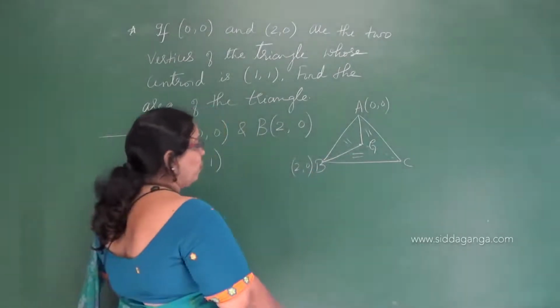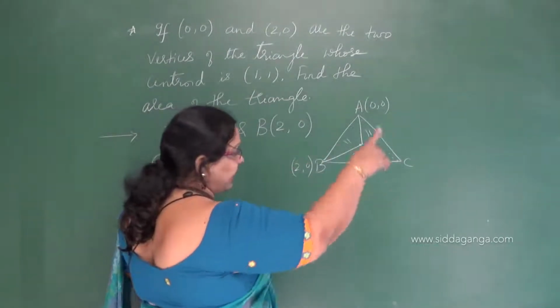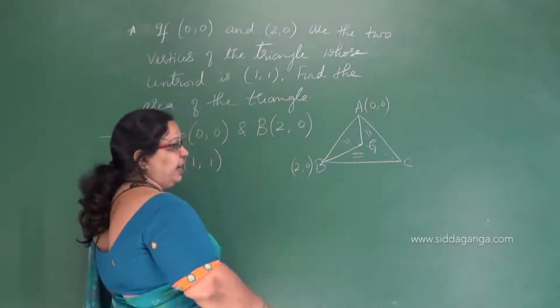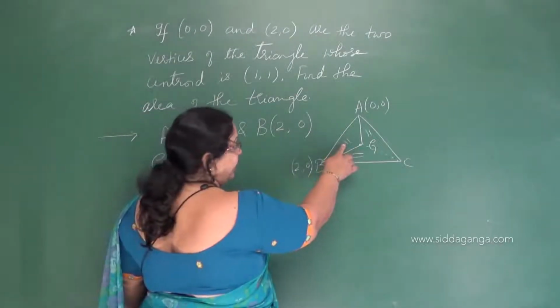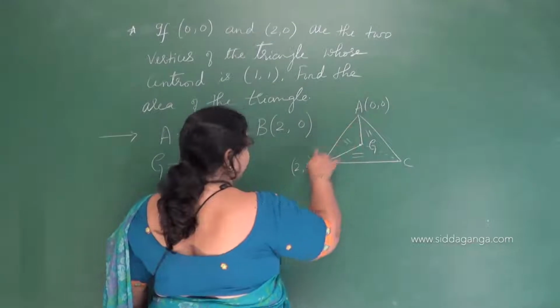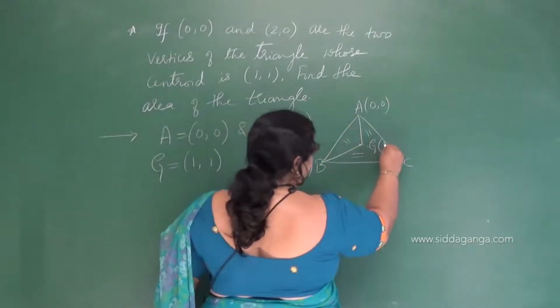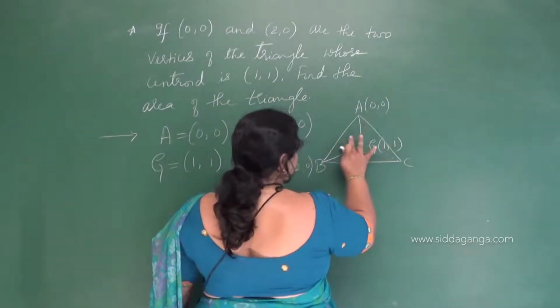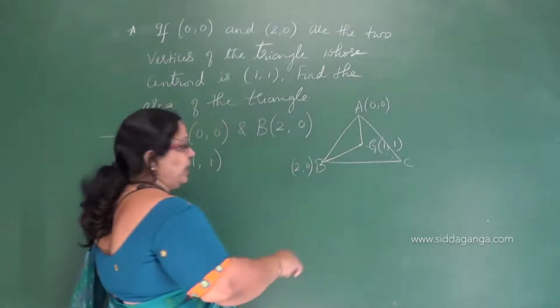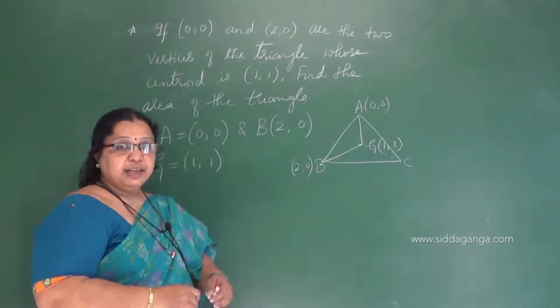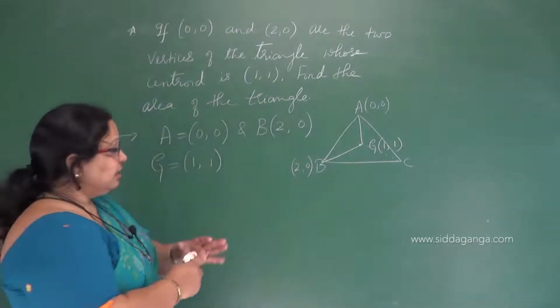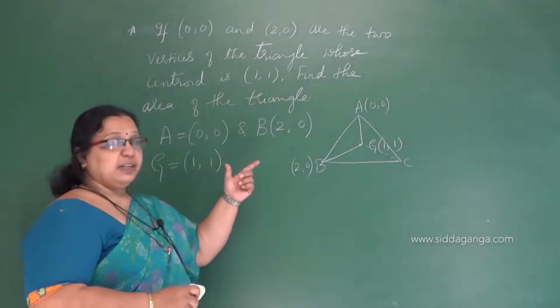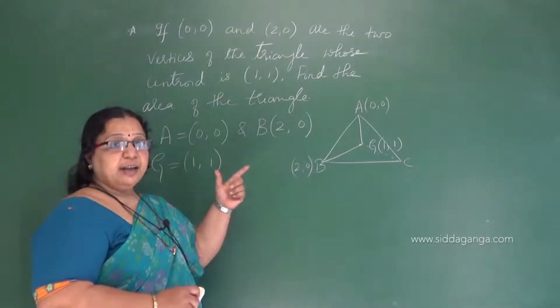So therefore, we need the area of the triangle ABC, because G, A and B are given, G is 1, 1. So the area of the triangle ABC is nothing but thrice the area of the triangle GAB.